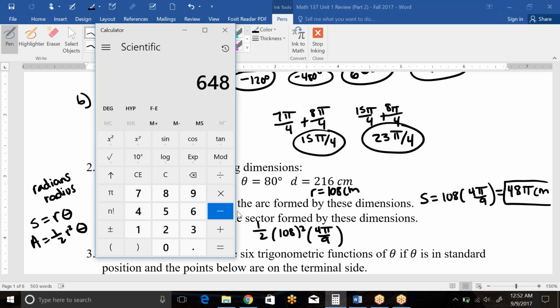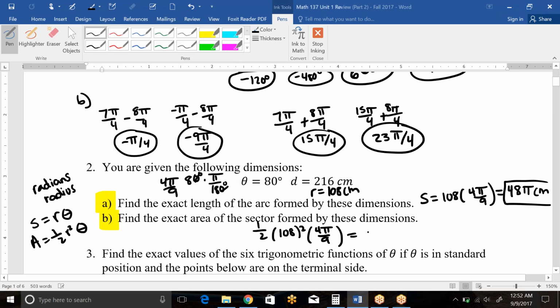And then we still have to times it by the 4 that's on the top. So I took that squared part, divided it by both denominators, and then timesed it by the top. Now that doesn't work if it doesn't go in evenly, so you'd have to work it out differently. So this is 2592 pi, because that's still part of the answer, but this time it's centimeters squared. So that's what they mean when they want exact.